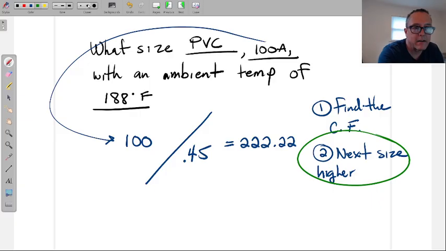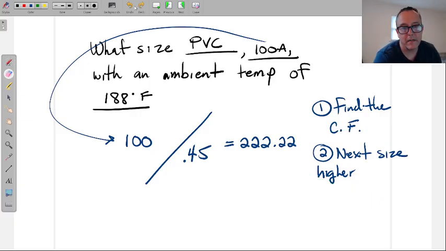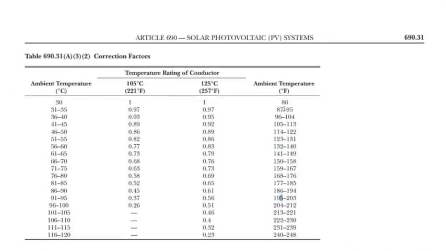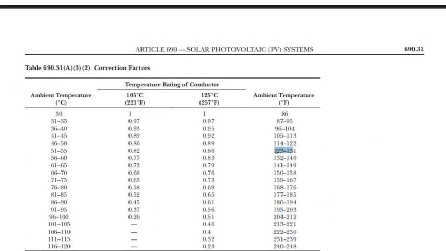And now here's when this really becomes a problem, and this is why I chose 188 Fahrenheit. It's when it's that different of a temperature. If, for example, I would have said the temperature here is 125 degrees Fahrenheit, then the correction factor is not that much. We can come over to the correction factor here for 125, and it's 0.82.